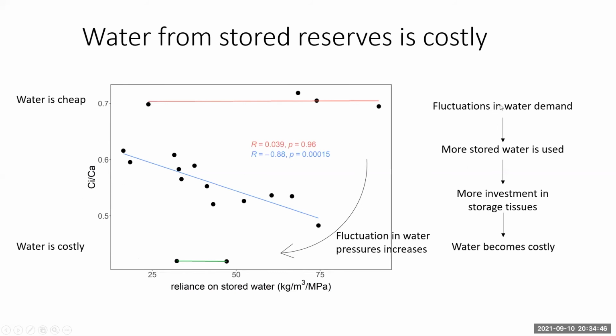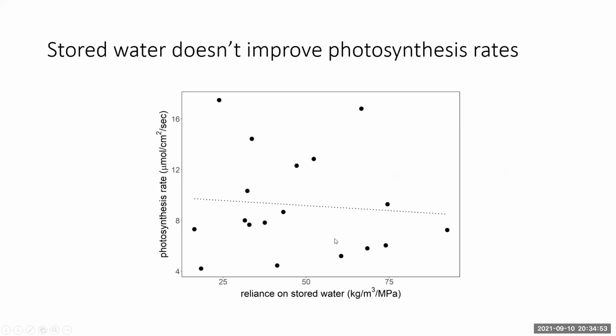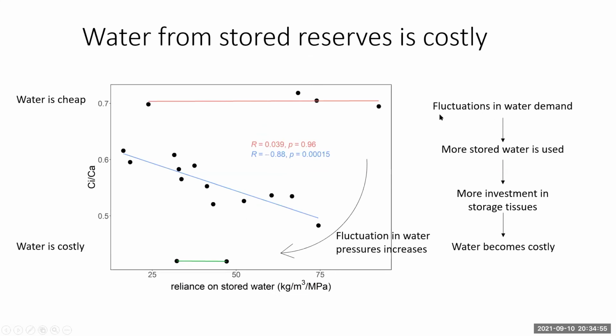So these fluctuations in water demand are when these stored waters are basically useful. And so the more the fluctuations, the more stored water is used and the more investment in these storage tissues has to be made. And basically that makes the water that's coming out of these stored reserves very costly.